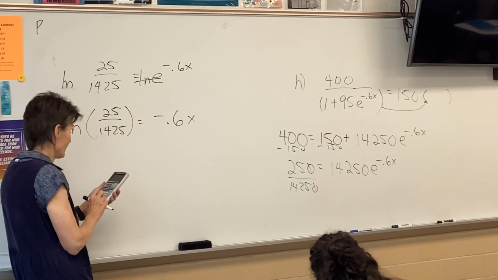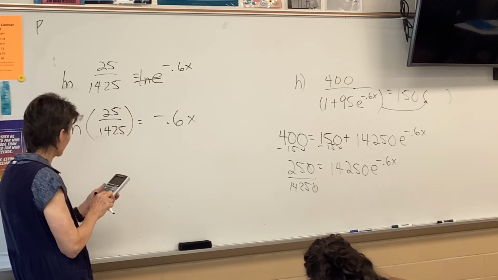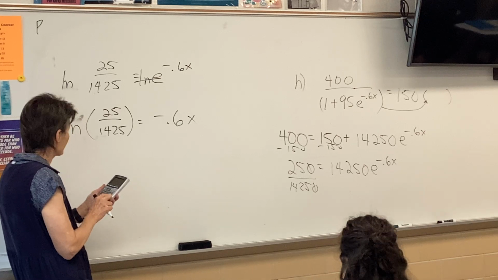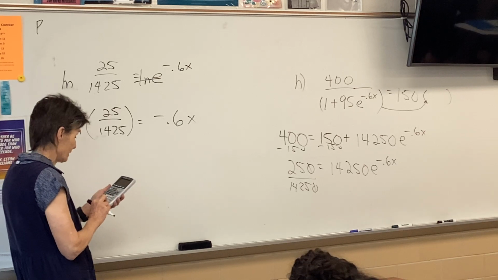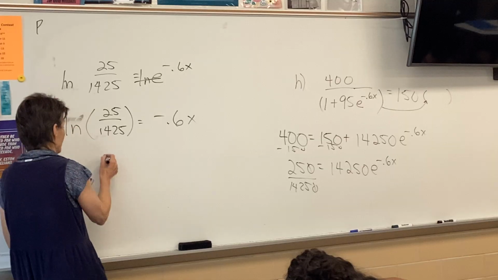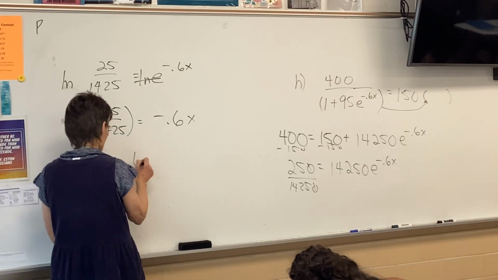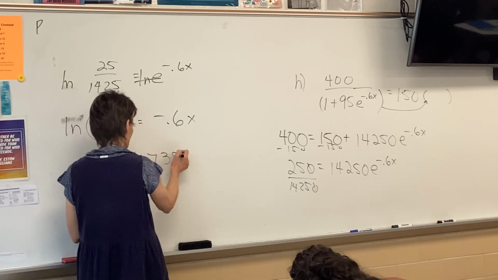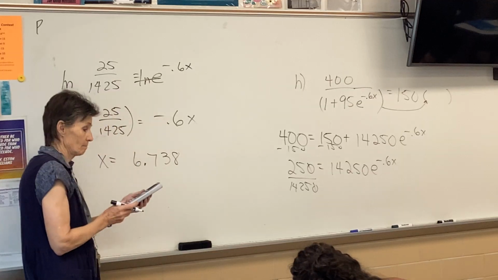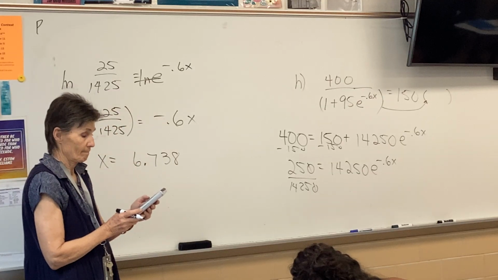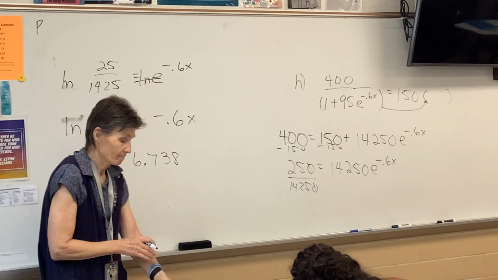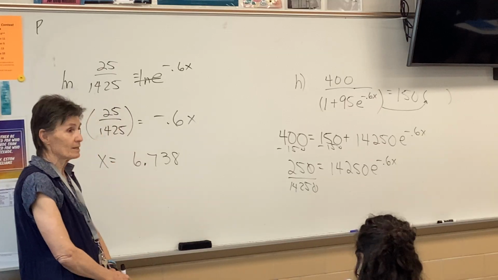So ln of that fraction divided by negative 0.6. And I got x to be 6.738. Double check that and make sure you do too.